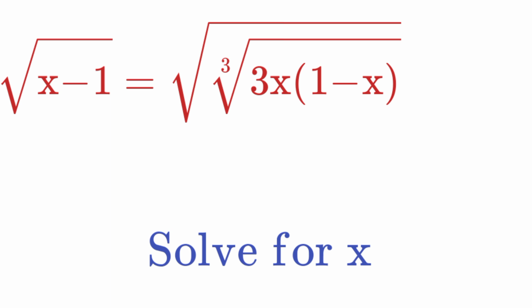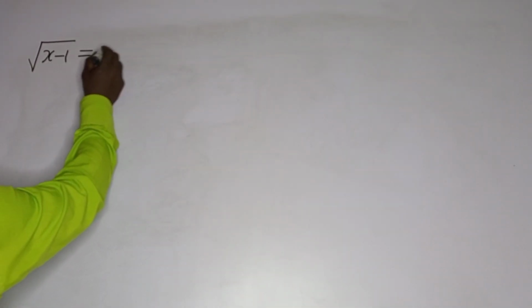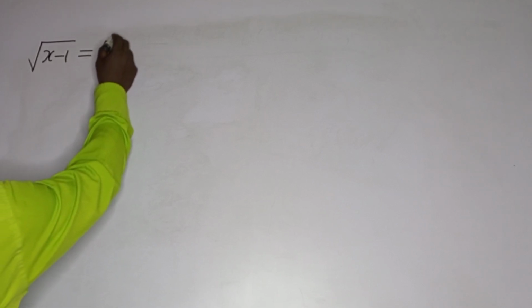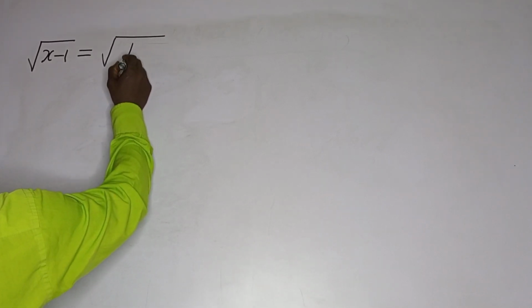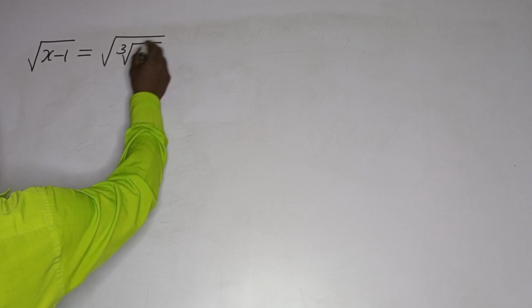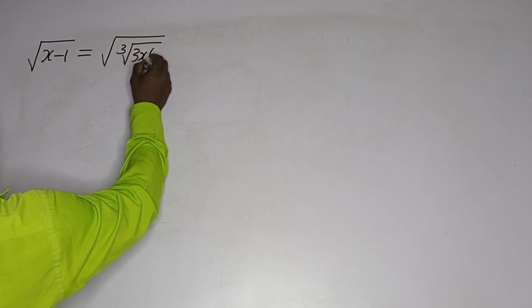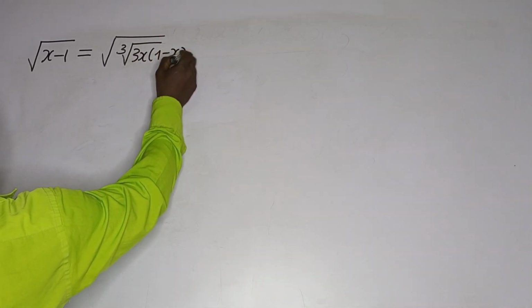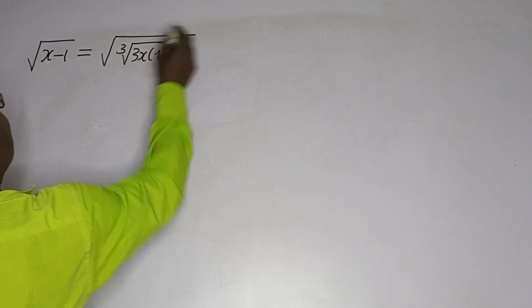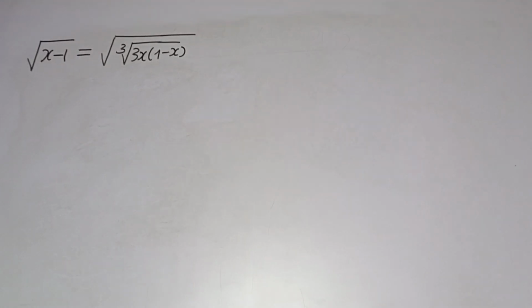Let's start. Square root of x minus 1 equals square root of cube root of 3x into 1 minus x, to solve for x.